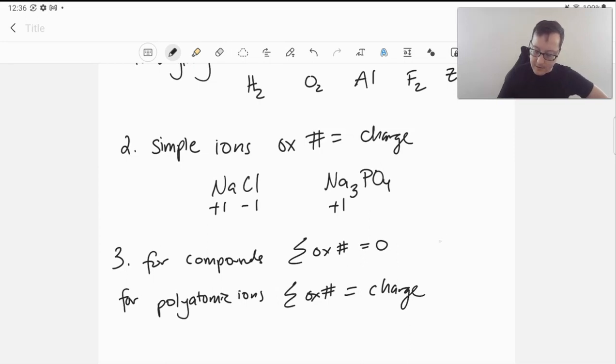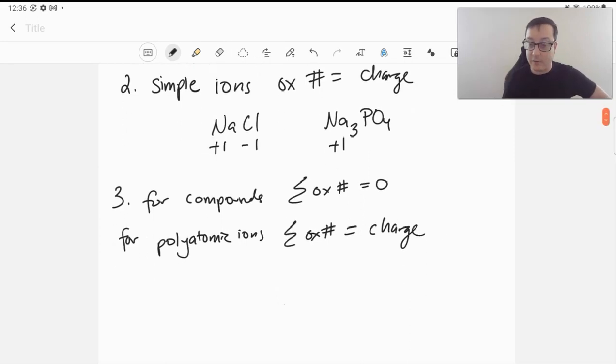For example, well, we're going to need rule 4 before we do an example for rule 3. But for rule 4, we want to follow the following order.